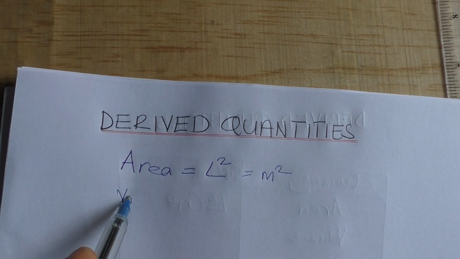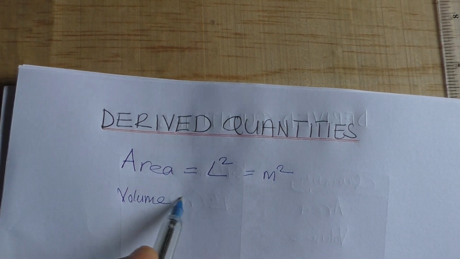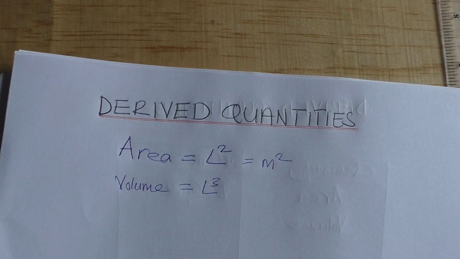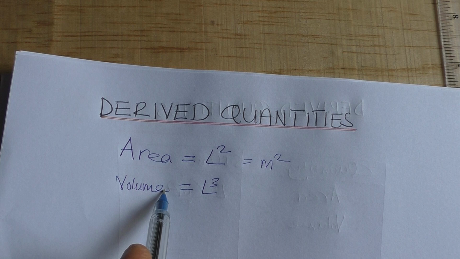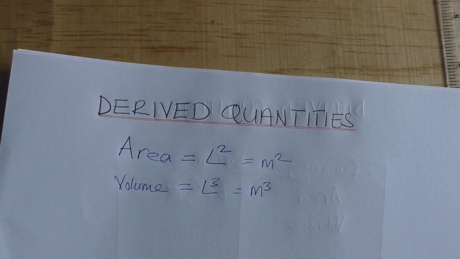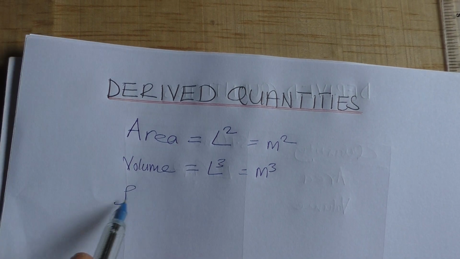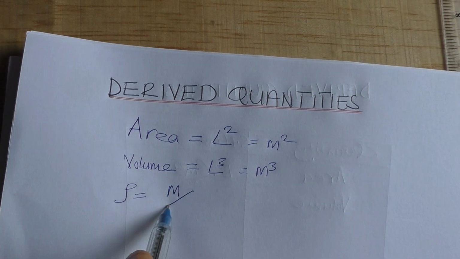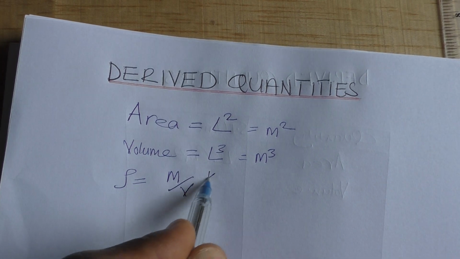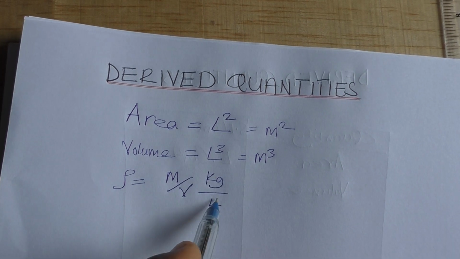Volume is length cubed, therefore the SI unit of volume is meters cubed. Density is mass over volume, whereby mass is in kilograms and volume is in length cubed.